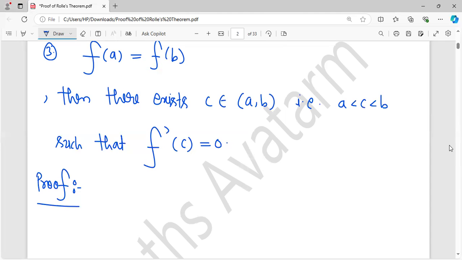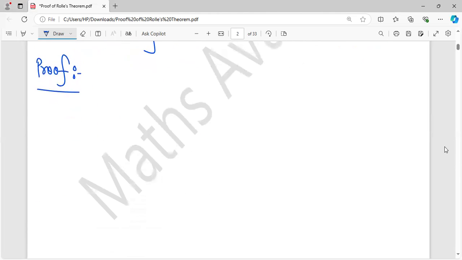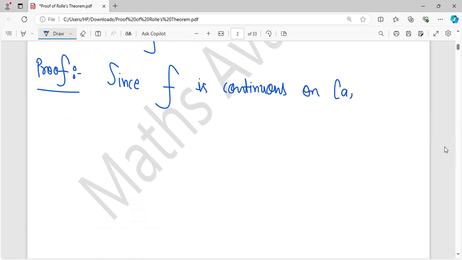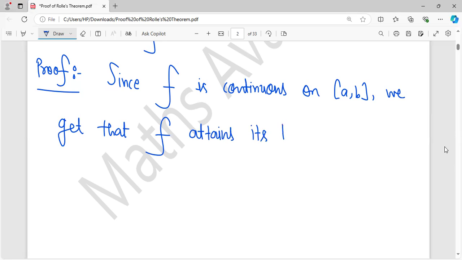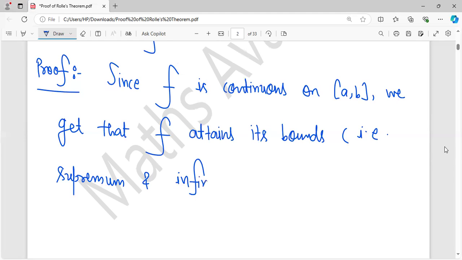So how to prove this theorem? Since f is continuous on closed interval [a, b], we get that f attains its bounds, it means supremum and infimum, on closed interval [a, b].